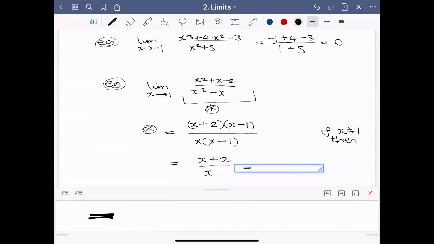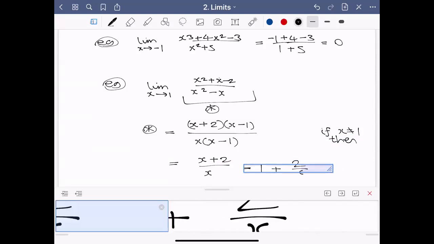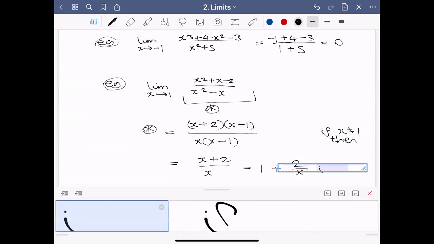And then this is 1 plus 2 over x if x is not 0.